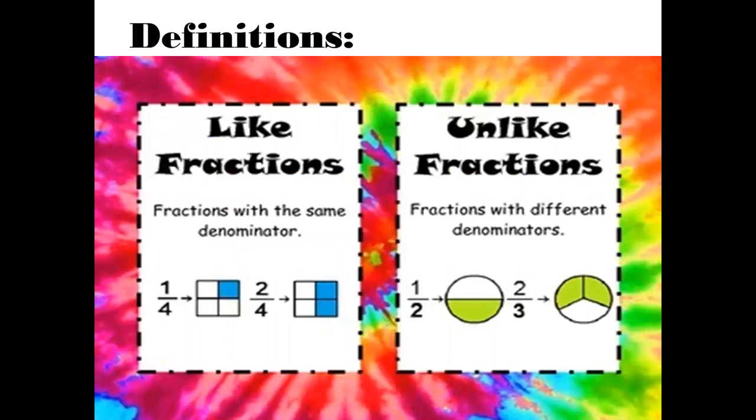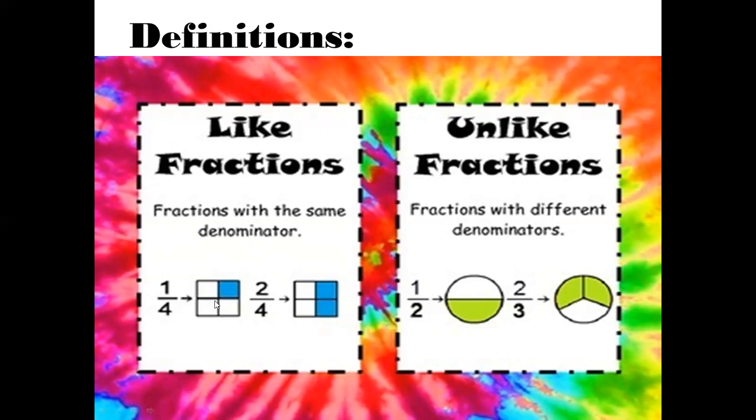First of all, you have to understand what are the definitions of like and unlike fractions. By looking at the name of the like fractions, like means same. So the fractions which are having same denominators are known as like fractions. As you can see on the screen, I have taken two diagrams over here. Each of them is divided into quarter pieces equally.